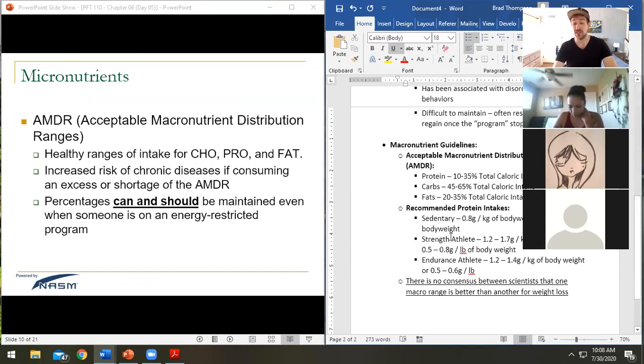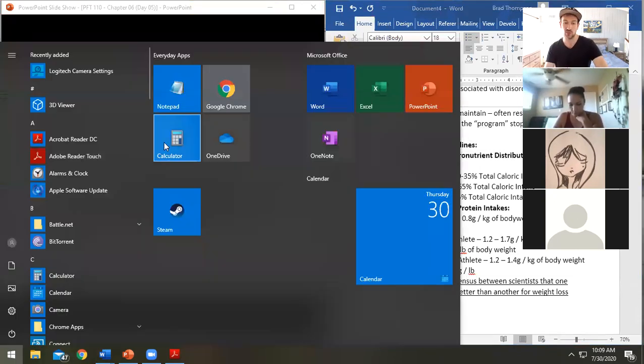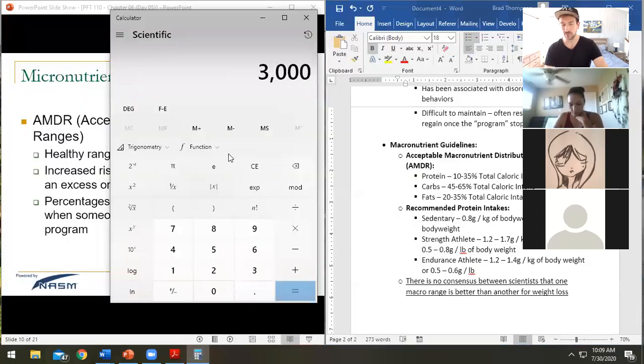Now, your AMDRs, those acceptable macronutrient distribution ranges, are the healthy intakes of the macronutrients. They don't take into account micronutrients. So these are percentages that work pretty well. And you can maintain these, and you should maintain these even if you're on a calorie restricted diet. So if you're on a 3,000 calorie diet and you're eating 45% carbs, then 1,350 calories are going to come from carbohydrates, which is going to be 337 grams per day.